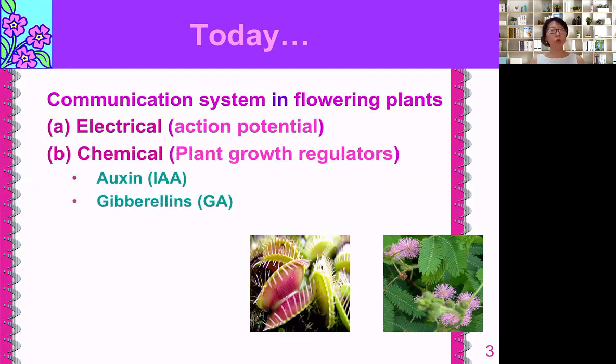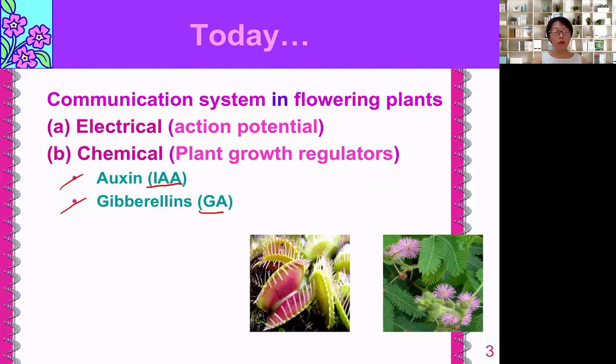In mammals, we use hormones, and in plants, they use plant growth regulators. Plant hormone has an official name, which is plant growth regulator. Examples of plant growth regulators are auxin and gibberellin, short form for auxin IAA, short form for gibberellin GA.